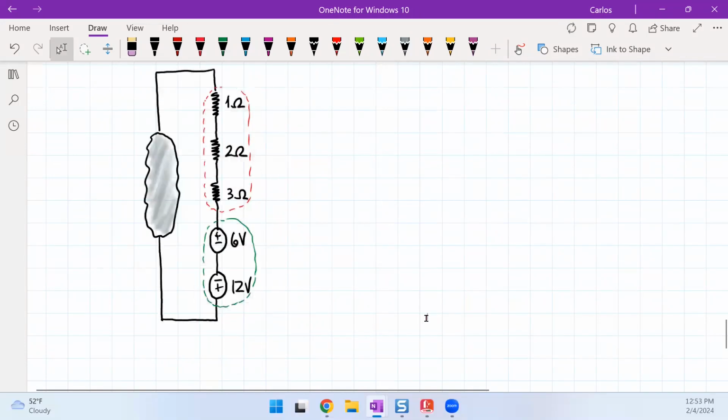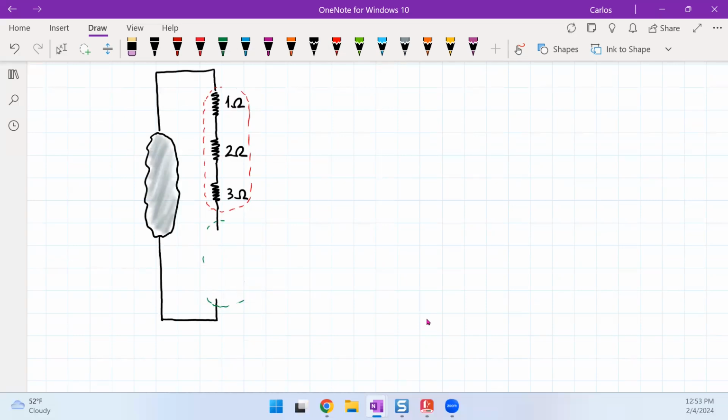But now what I'm going to do here is that we know what the effective circuit voltage is, right? We know what that is. So in other words, I literally have one source that's V branch, which is equal to 6 volts. So now I'm going to apply VDR. Look at V1.